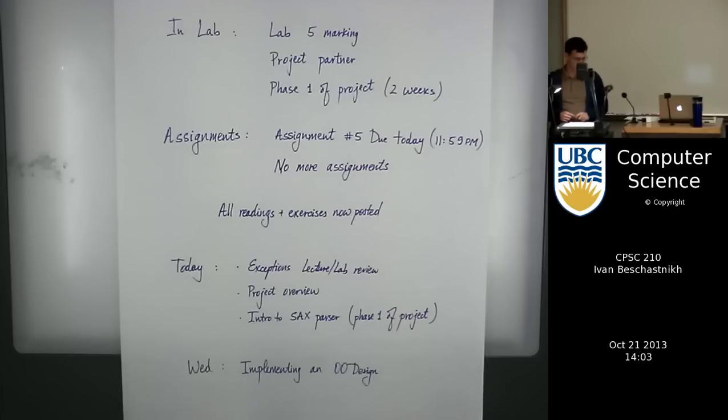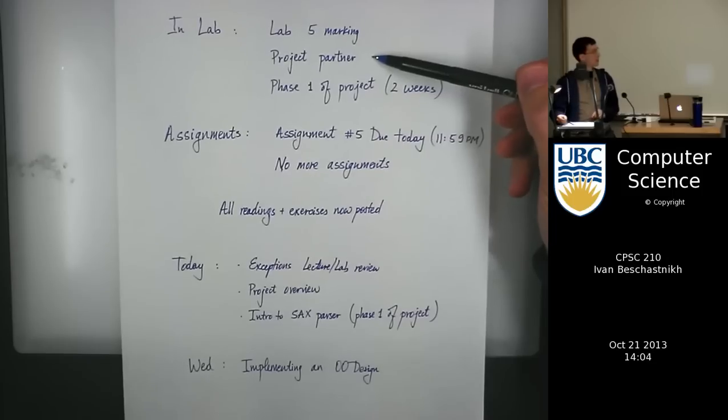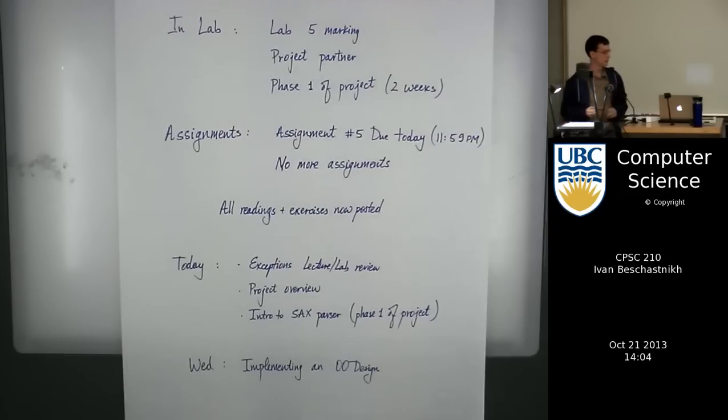This week in lab, you're going to be marked for lab 5. You really need to have a project partner. The project is a lot of work. It's pretty challenging, and your partner is your first go-to person to ask for help and to coordinate with.